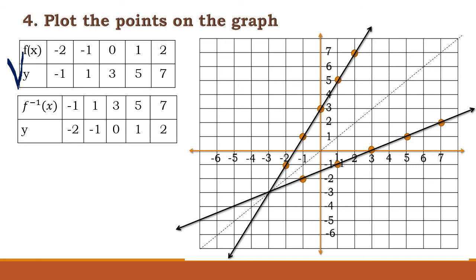That is how to represent the inverse function. The inverse function can be represented by the table of values and the graph, wherein the graph of the inverse of the function is the reflection of the original function.